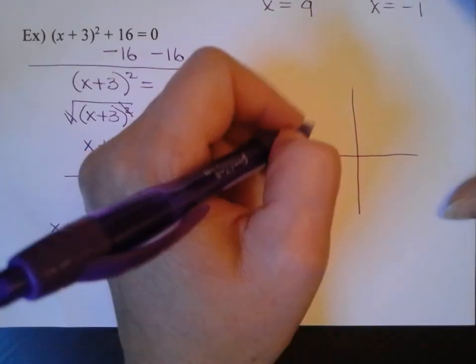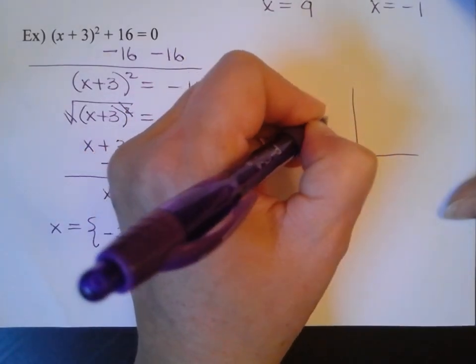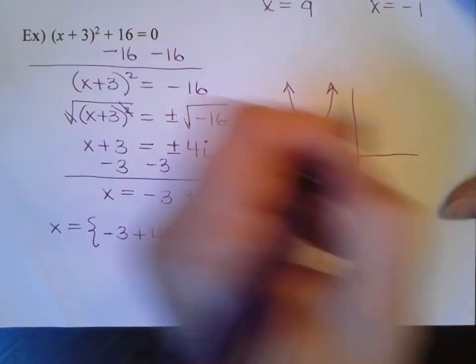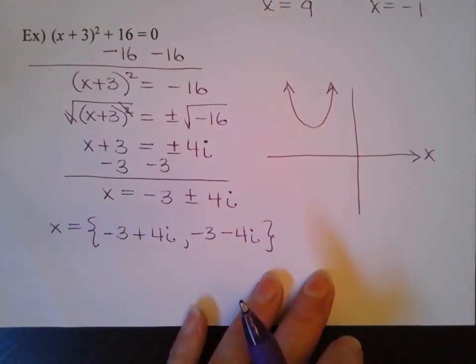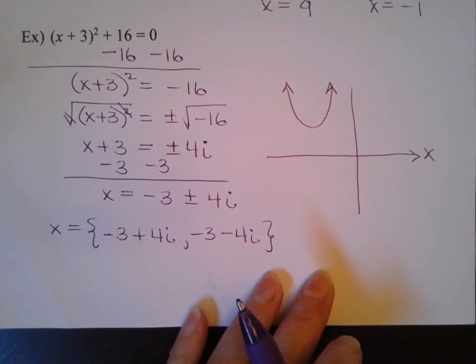So this parabola does not touch the x-axis. So if we get a complex number solution, that means that there are no x-intercepts for this graph, and that's okay. Okay, so that's the square root method.